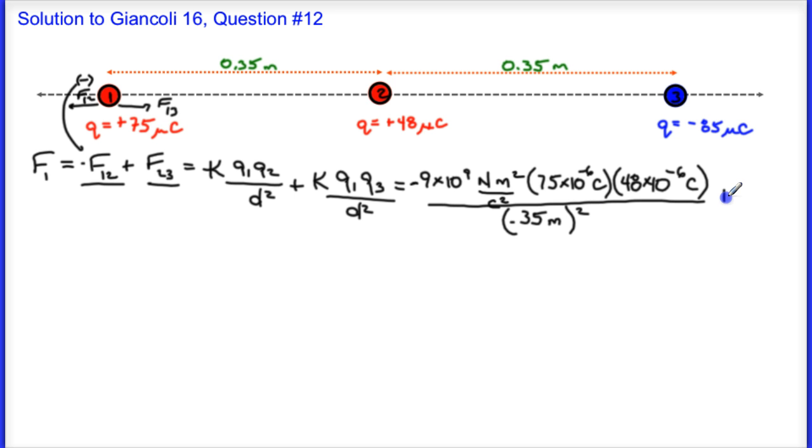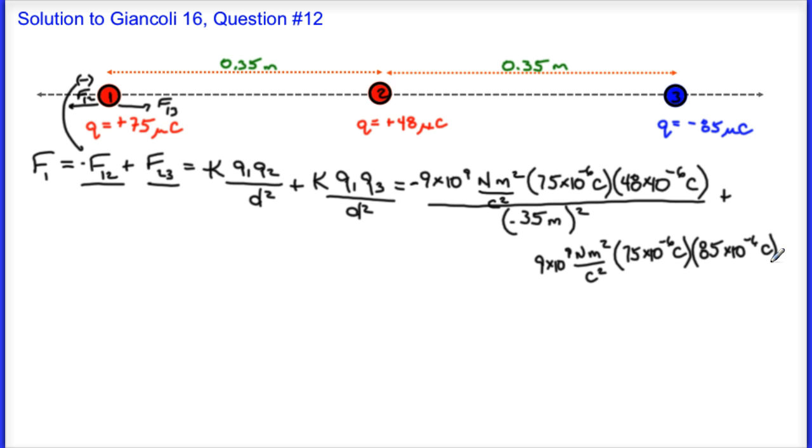So in the next line, I'll just do it down here. That becomes, again, 9 times 10 to the 9th Newton meters squared over Coulomb squared times 75 times 10 to the minus 6 coulombs times 85 times 10 to the minus 6 coulombs.